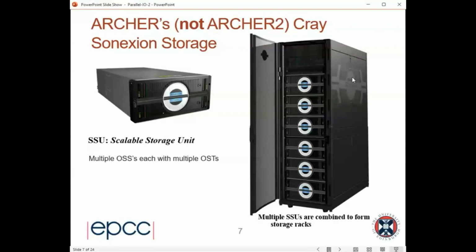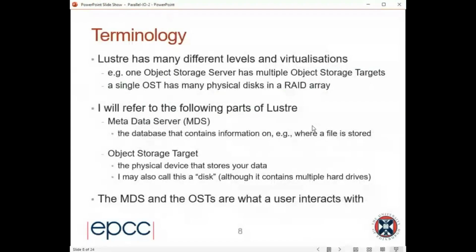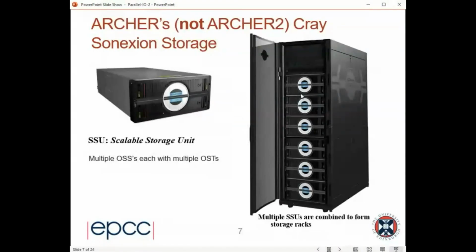So you basically have this storage device, which has lots and lots of separate computers. Okay, these are actually separate computers, each with lots and lots of disks in them. And we'll see on ARCHER2, we're talking about maybe 50 or 60 separate disks. Now I don't have a picture of ARCHER2 storage, but it's quite complicated.